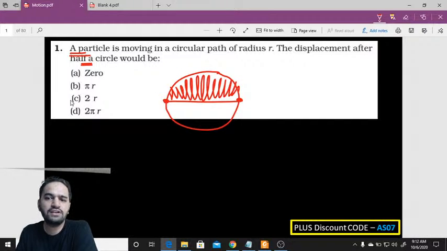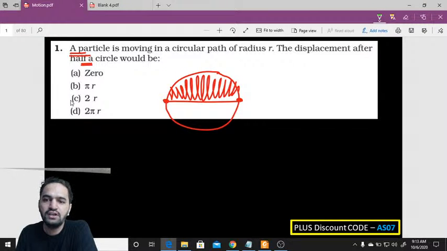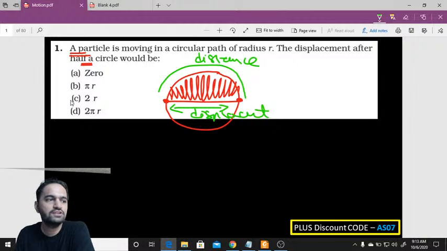How is displacement calculated? There are two ways through which we can find this. If you go with the circumference, that is distance. But if you go with the diameter, a straight line, that is going to be displacement. So the answer in this case, the displacement after half a circle, would be how much? That is going to be the diameter.